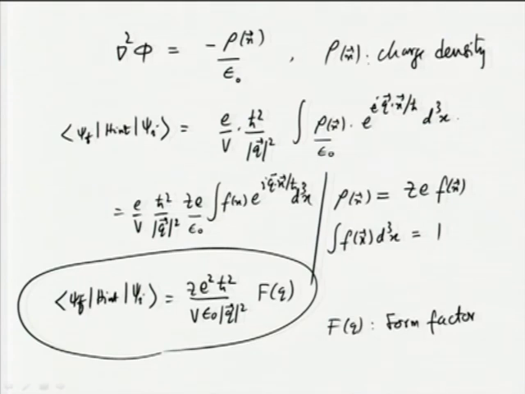We know the Fourier transform of the delta function. As I said, if it is a point particle, the charge density is Ze times delta function. In that case, f(x) is basically the delta function, and the Fourier transform of the delta function is 1: integral delta(x) d^3x is equal to integral delta(x) e^(i q·x) d^3x is equal to 1.